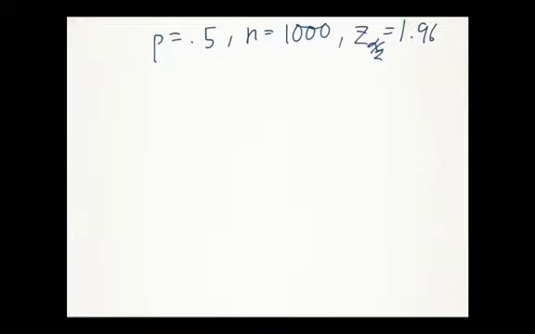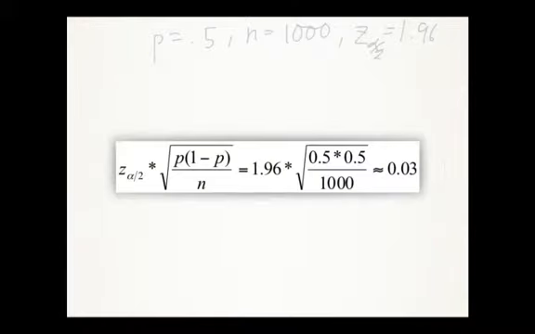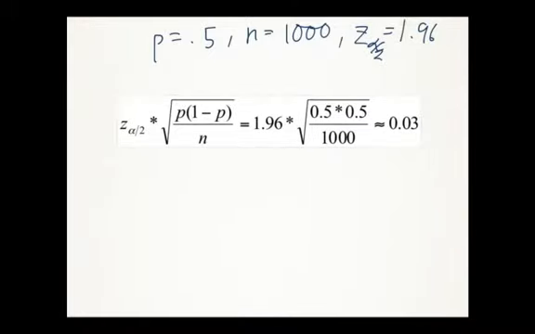What would that look like? Well, if we just stick it into that equation that we were working with before, we can see that with these particular parameters, keep in mind this is just an example, we get a 3% margin of error, which is what we used in that example.